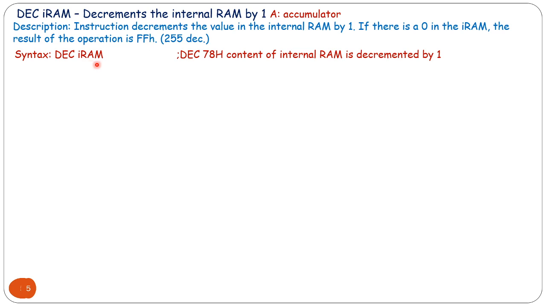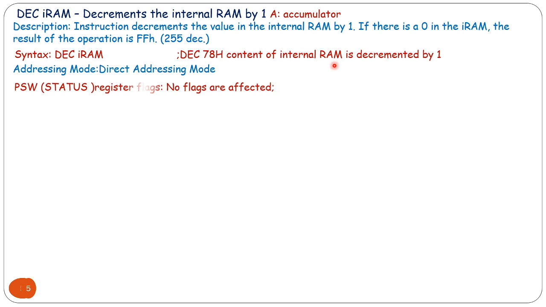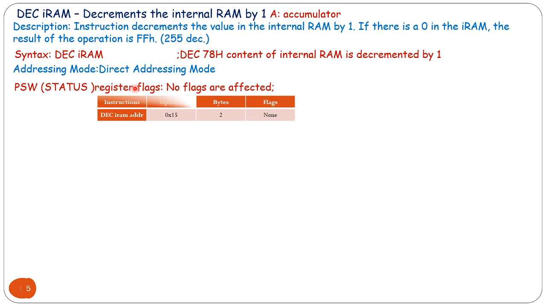Decrement internal RAM. Let us suppose this instruction is decrement 78H. The content of internal random access memory 78H is decremented by 1. Direct addressing, flags are not affected, having operation code 15H.